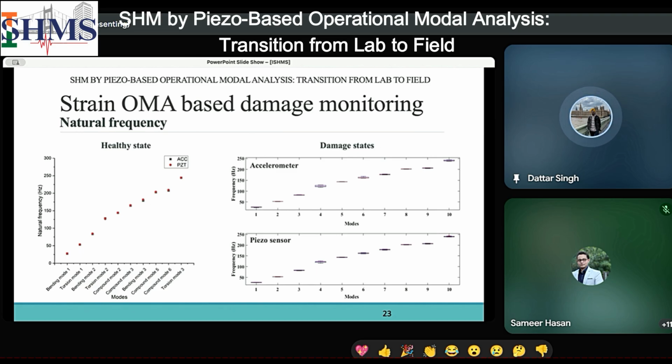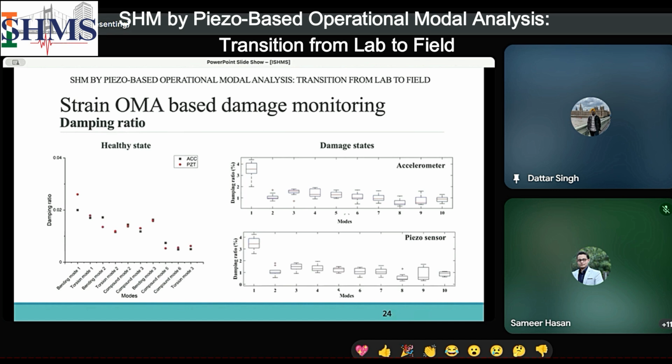These box plots show the average variation from all the nodes and all the damage states from both sensors. We can see that across all the modes, the variation in the frequency is not significant, so it cannot be effectively used to identify the damage.